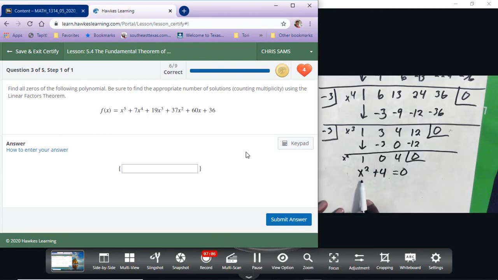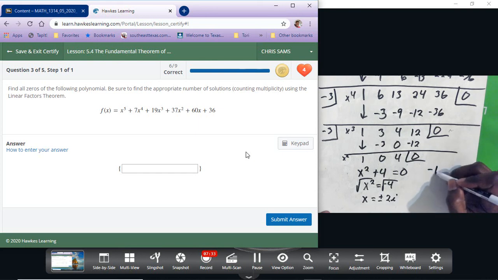Alright, so moving the 4 over, that will give me x squared equals negative 4. And then if you take the square root of both sides, not forgetting your plus or minus, we have x equals positive or negative 4i, or this will become 2i. So all of our zeros listed are negative 1, negative 3, and then we have positive 2i and negative 2i.